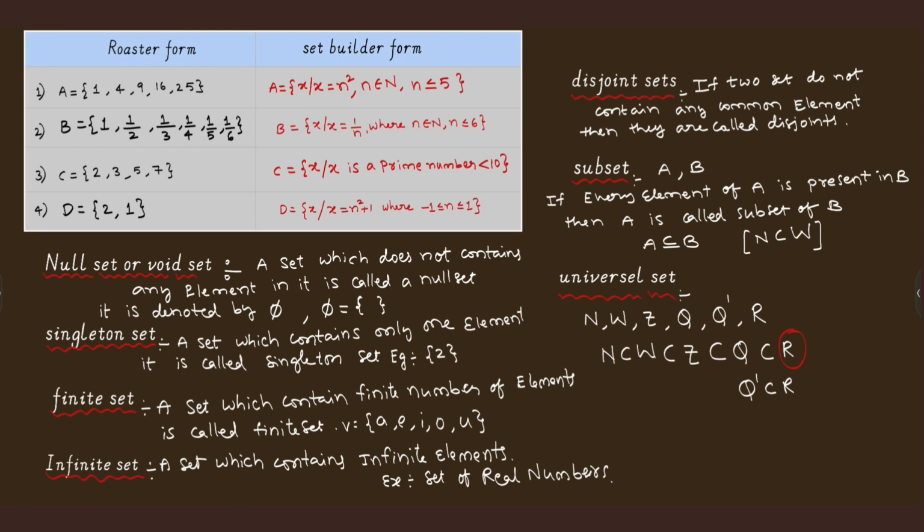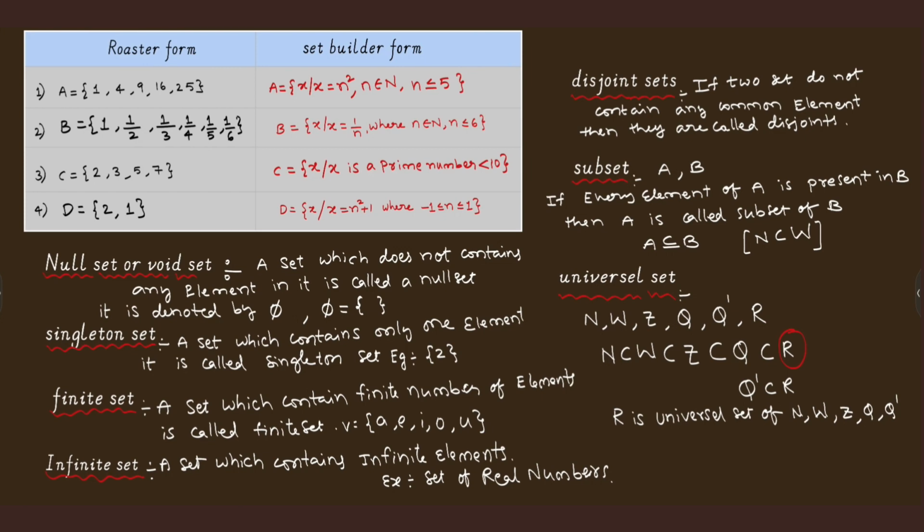So we call R the universal set of all these sets. Whenever some sets are given, the biggest set, the superset of all the given sets, will be called the universal set.